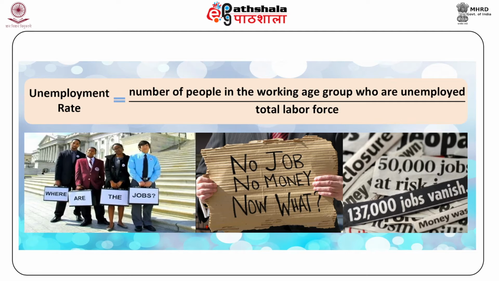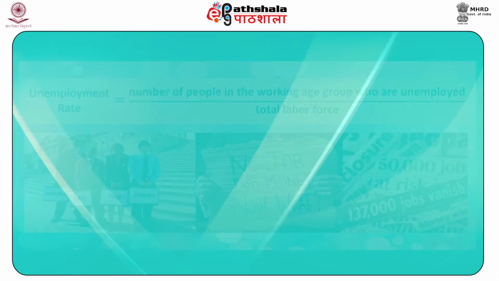It is defined as the number of people in the working age group who are unemployed, that is, those who are looking for jobs but are unable to find them, as a proportion of total labor force. The level of output in an economy is one of the central macroeconomic variables, as it determines the level of economic activity and hence the pace of job creation.